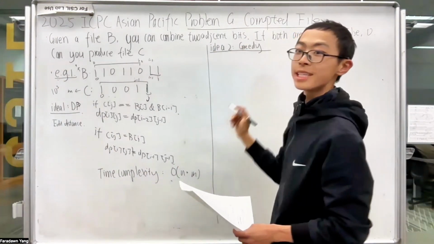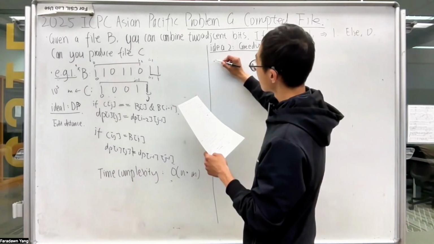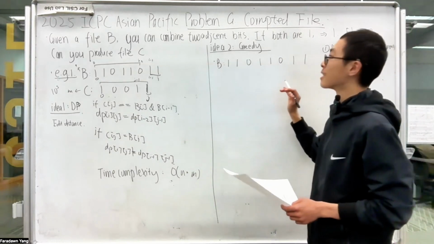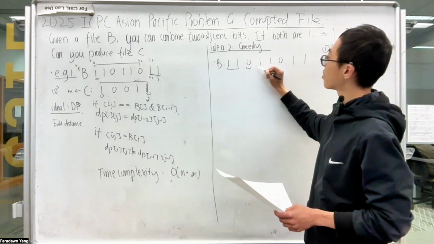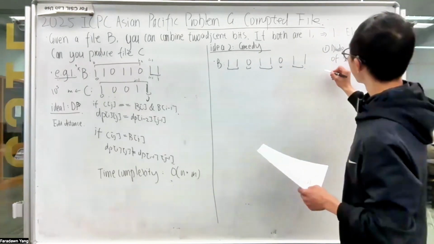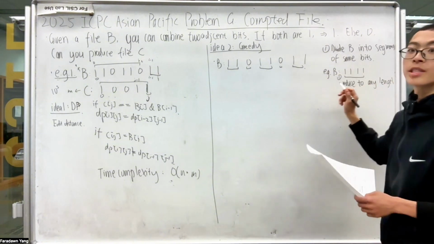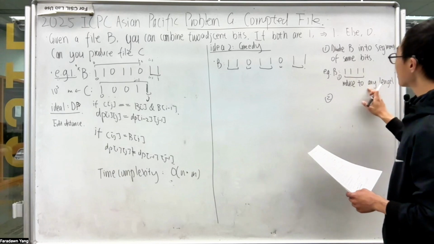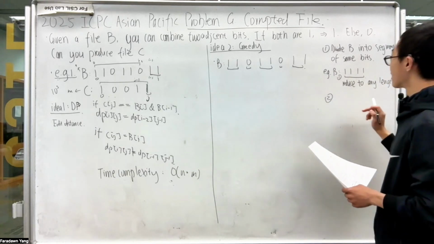It is a greedy algorithm. There is an important observation, which is we can divide B into segments of the same bits, like segment 1, segment 0, segment 1, segment 0, segment 1. If B has a segment of many ones, we can reduce it to any length, right? And if it's a 0 segment, we can also divide it into any length.